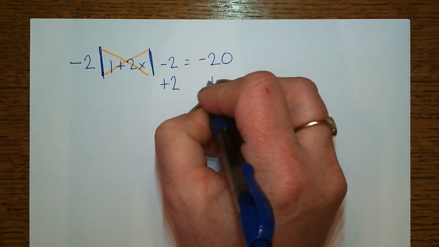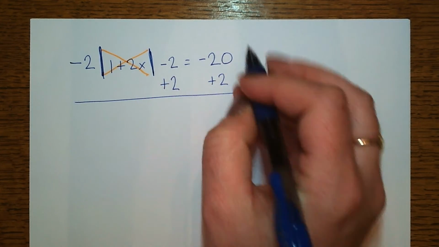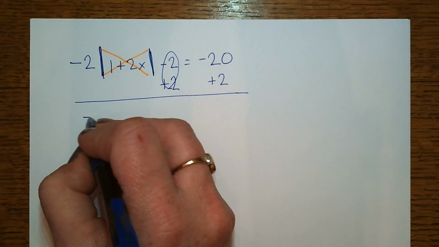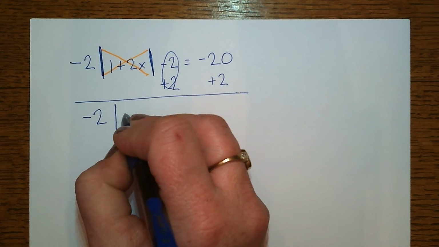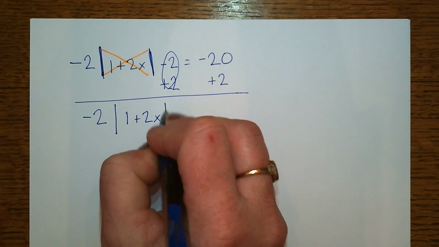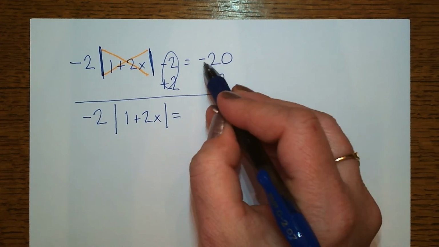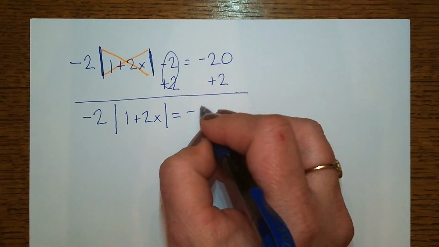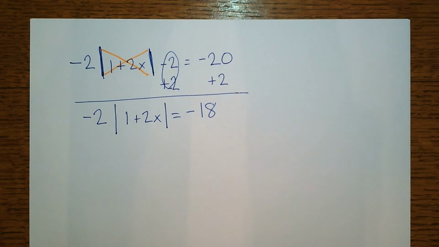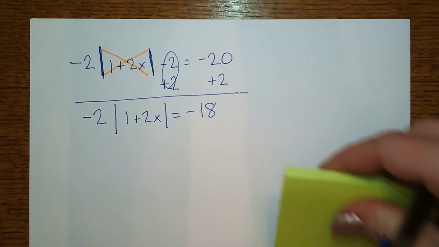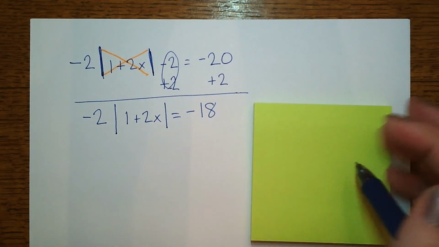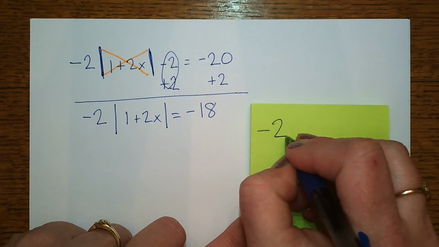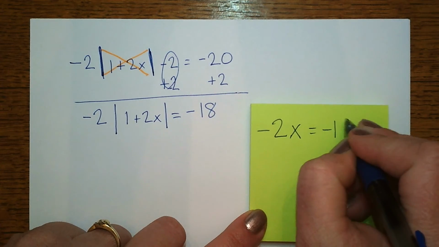Add 2: negative 2, absolute value of 1 plus 2x equals a negative 20 plus 2, which is negative 18. Now I need to get rid of the negative 2. Once again, if this were an x, my equation would say negative 2x equals negative 18.